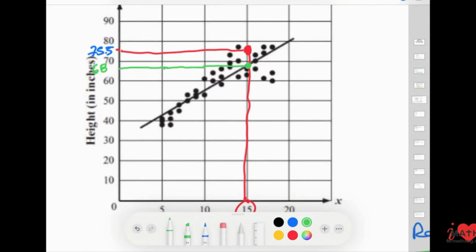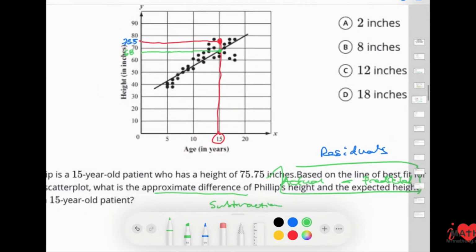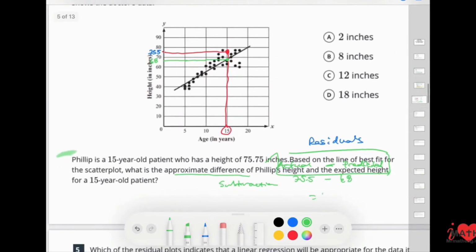So that would be a difference of 75.5 minus the 68. That gives me around 7.5. And 7.5 is closest to which one? 8. So number 4, the answer is 8. Philip is actually 8 inches taller than the expected. Does that make sense? Because it's above.